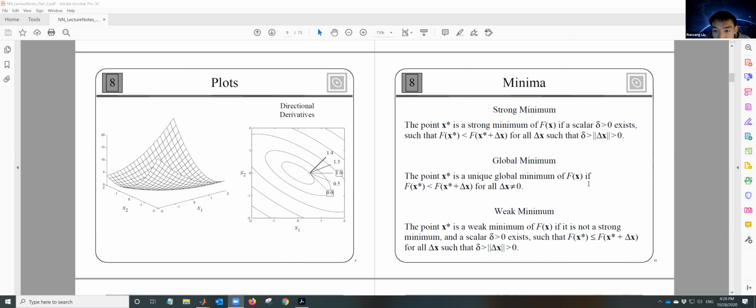The strong minimum has a scalar delta greater than 0, and it has a condition on that scalar: delta x has to be less than delta for this to be true. But for this one, you don't have such a constraint. Is that right? Yes. Then what's the difference between the weak minimum and the previous two? First, what's the difference between strong minimum and weak minimum? It seems to be the same, right?